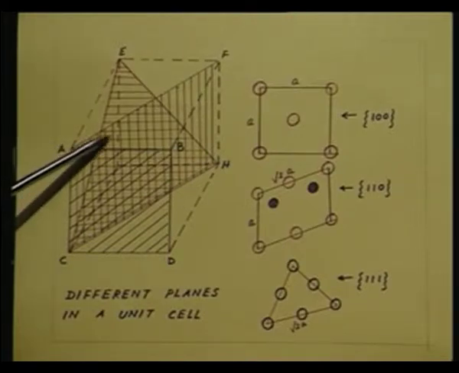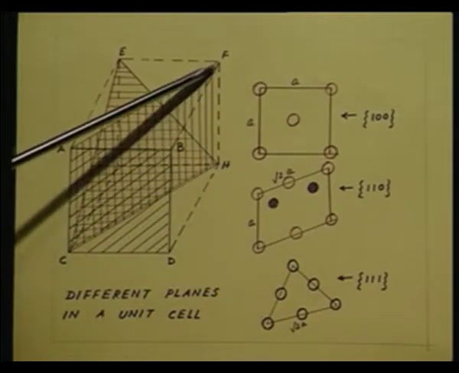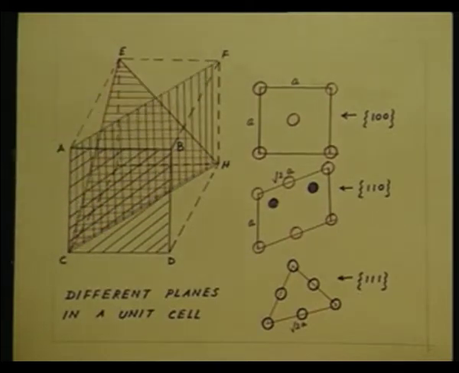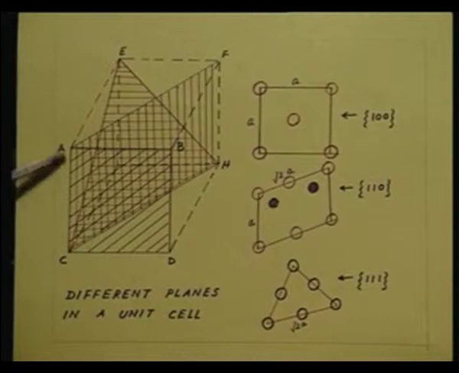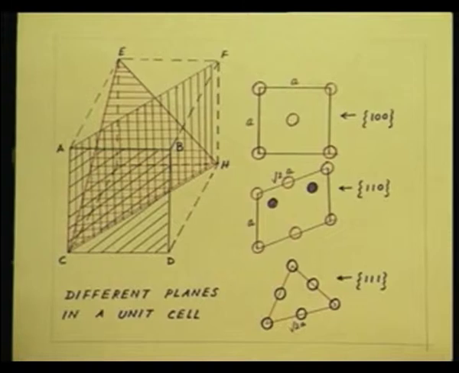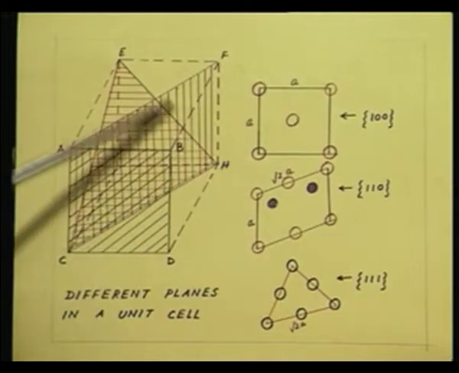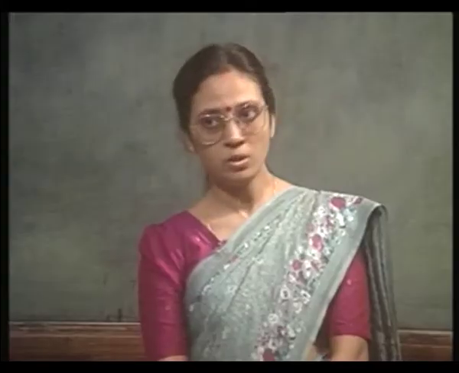Similarly, the violet hatched plane, ACHF, belongs to a family of 1 1 0 planes. And the triangular plane CEH is a 1 1 1 plane, that is, it makes equal intercepts on all the three axes, 1 1 1.